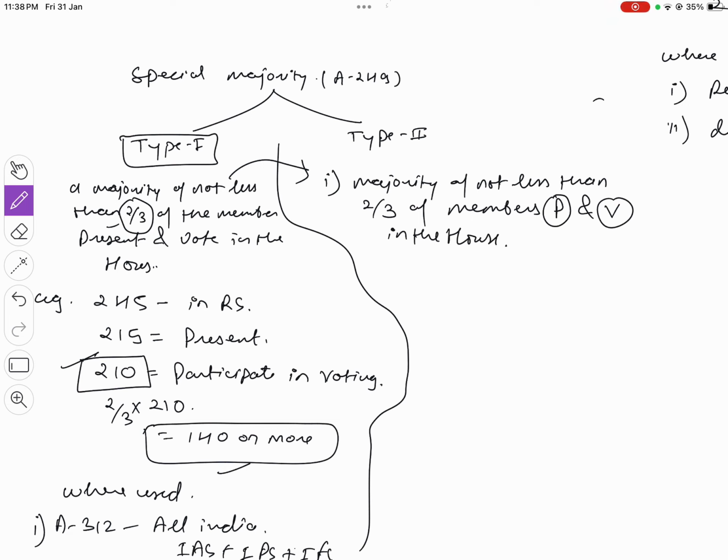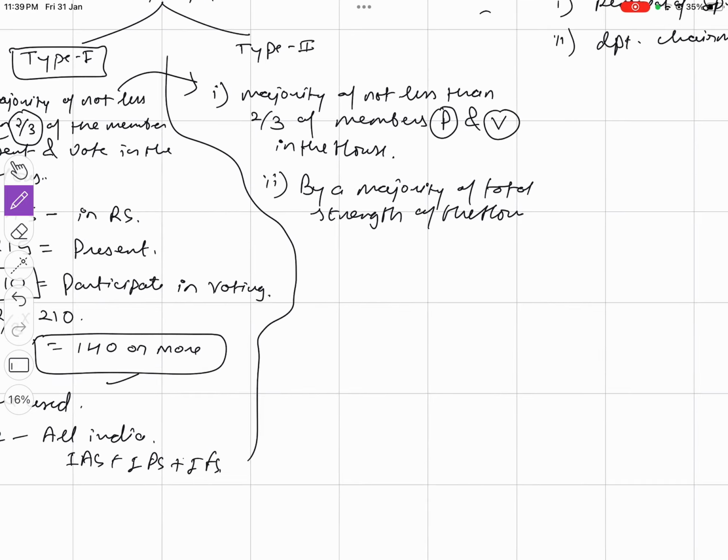Then the second point: there are two conditions which need to be fulfilled for a bill to be passed by special majority type 2. The first condition is that, and the second condition is by a majority of total strength of the house.